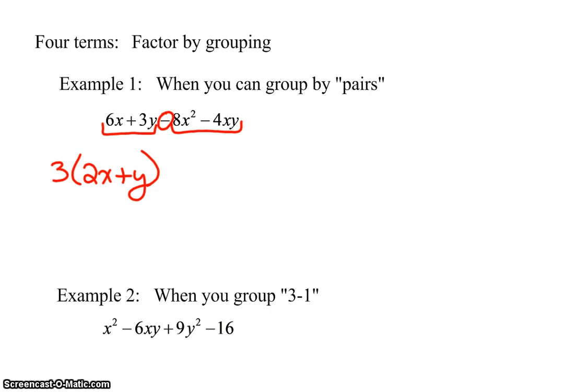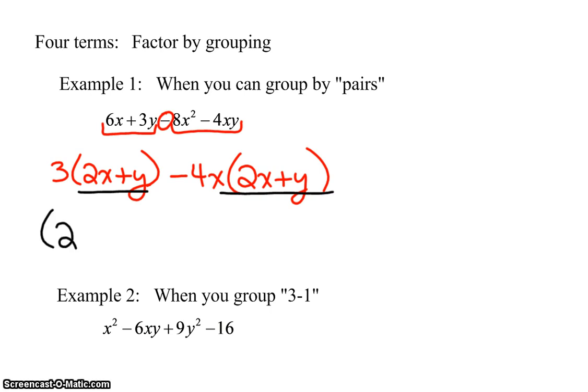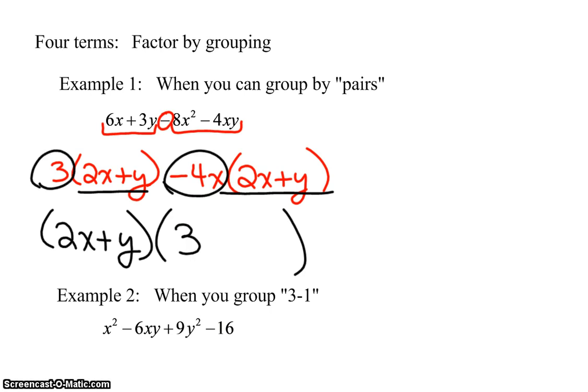So 8x squared minus 4xy shares a negative 4x, and if you factor out a negative 4x, you get 2x plus y. Now what we look for is the common binomial, which is 2x plus y. If we write that down, our other binomial is the remaining factors, which is 3 minus 4x.